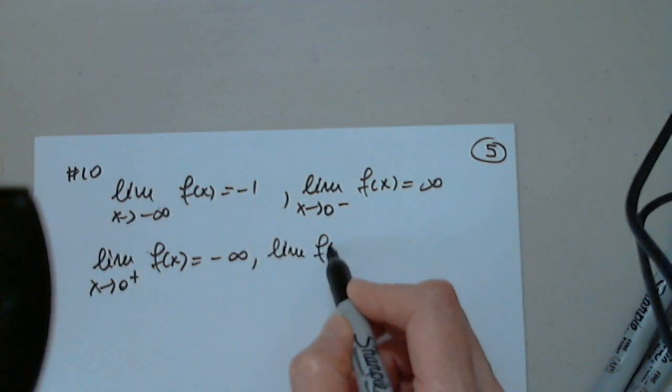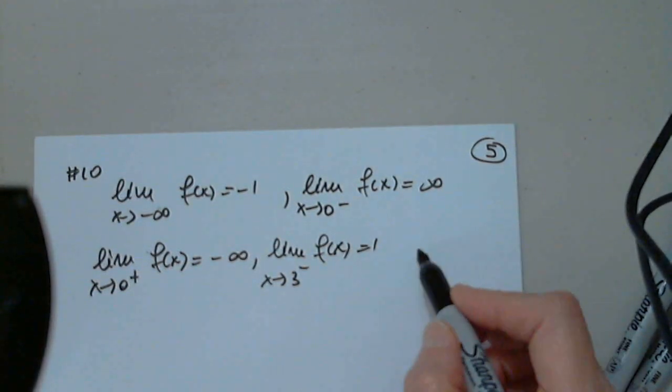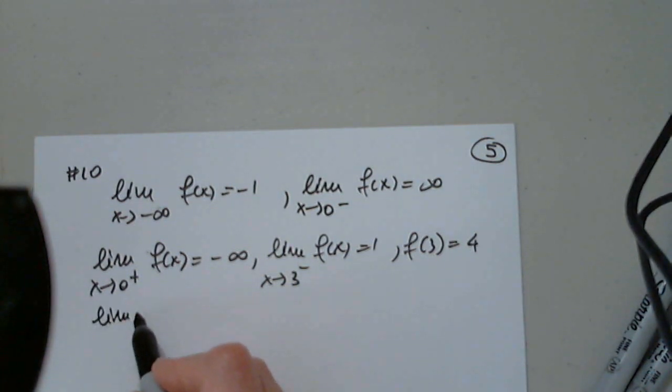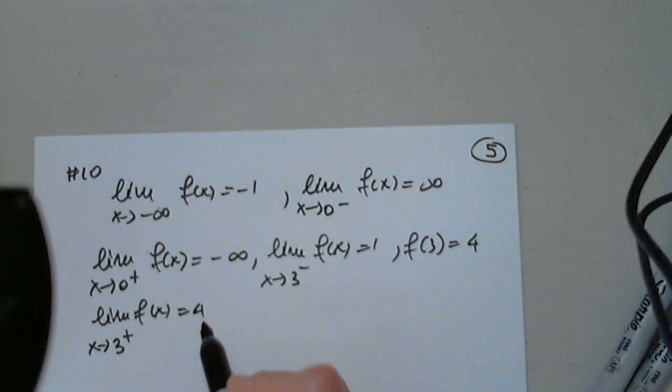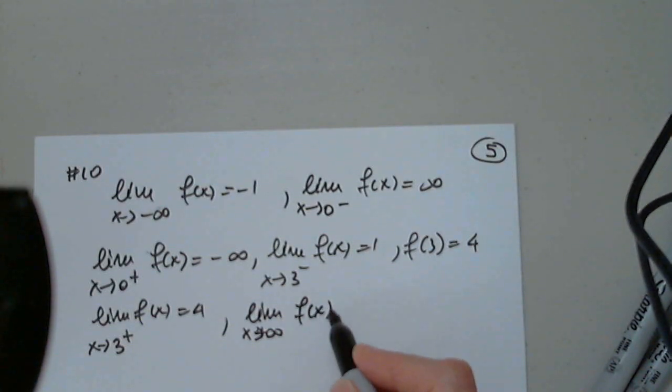Limit of f of x as x approaches 3 from the left is 1. f of 3 is 4. Limit of f of x as x approaches 3 from the right is also 4. And finally, limit as x approaches infinity of f of x is 1.